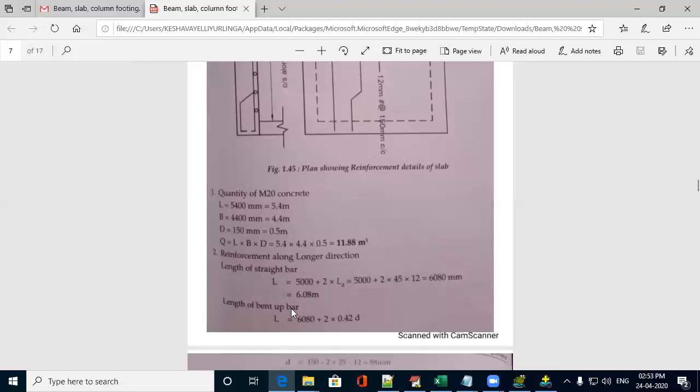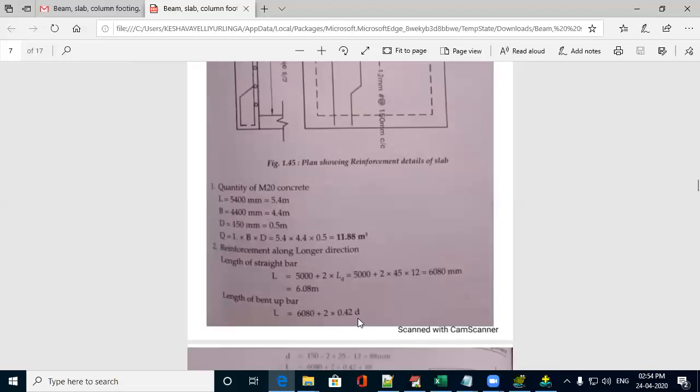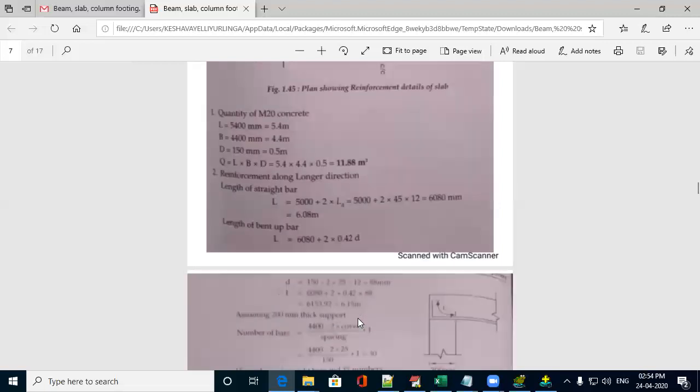To find the length of bent up bar, this length should be added with cranked length. Since each bar is cranked in 2 places, it should be 2 times 0.42 times D. This D calculation is similar to beam calculation.